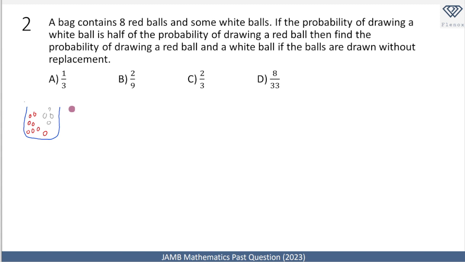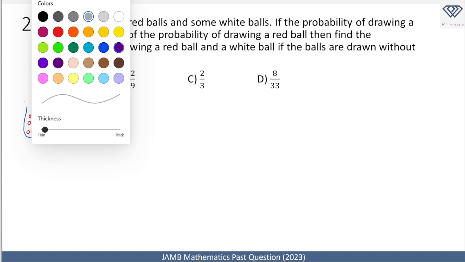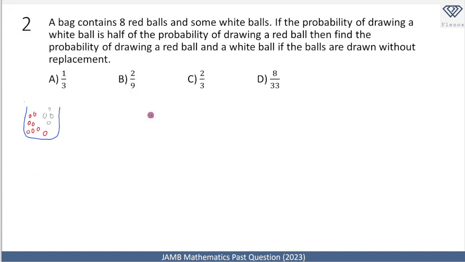Now we're going to try to express all of this in terms of equations. So I've been told that there are 8 red balls, but we don't know the number of white balls that we have, so I'm just going to put a question mark for white. We've also been told that the probability of drawing a white ball is 1/2 of the probability of drawing a red ball.